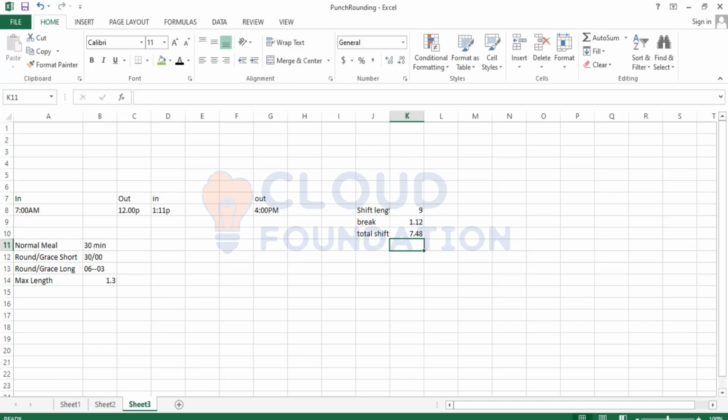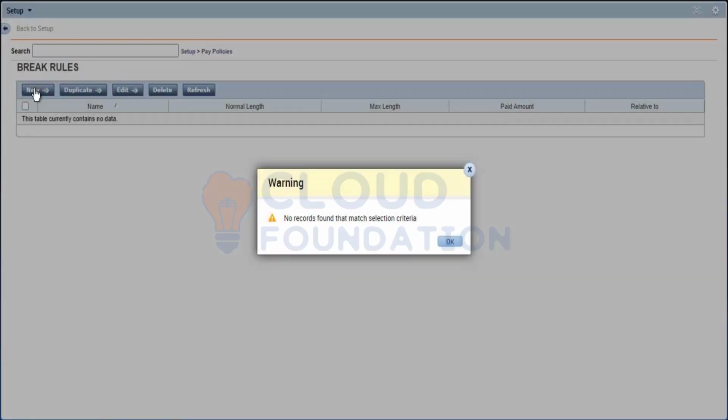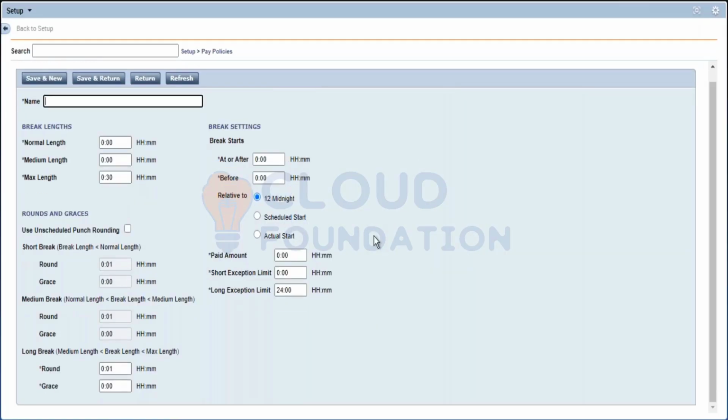Okay, I'll go to the setup and show how this works. I'll pick up a new one and explain the options over here. We have normal break lengths.